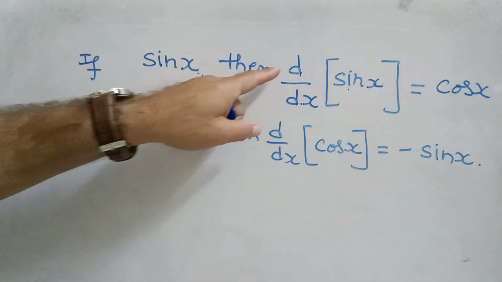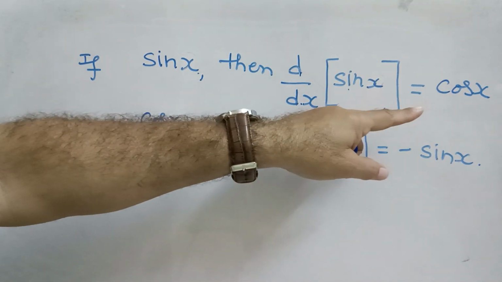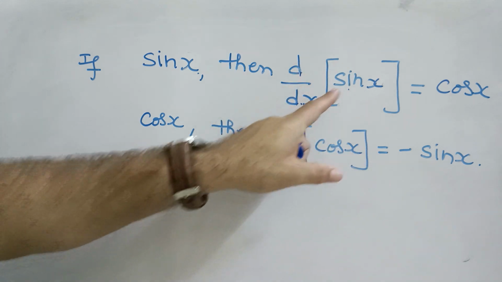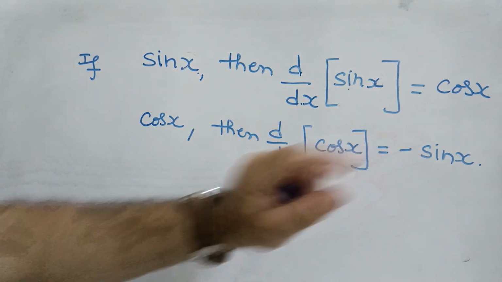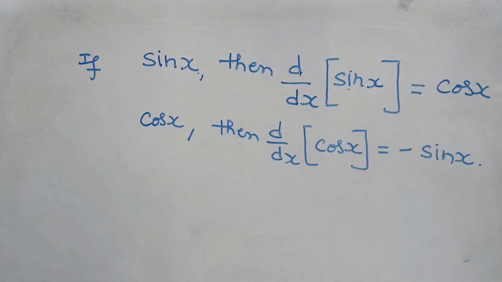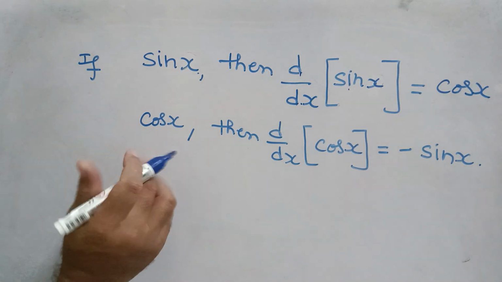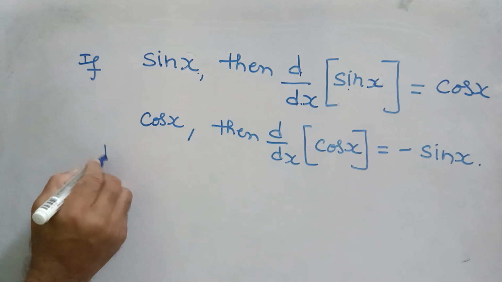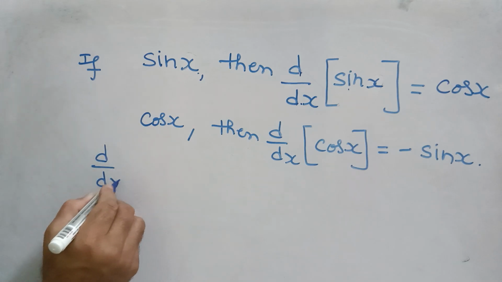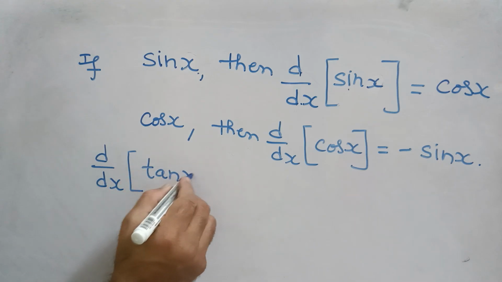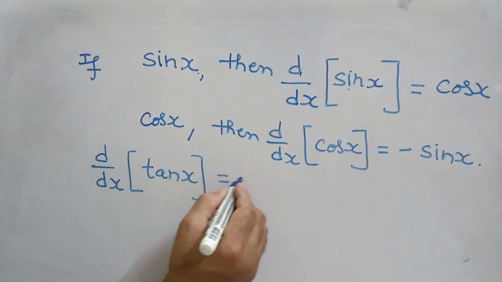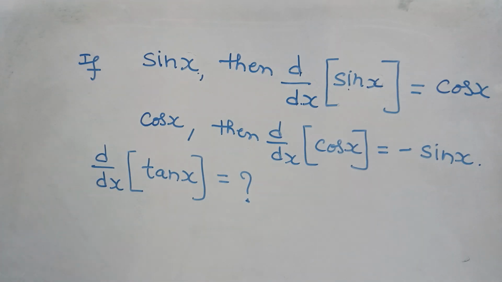So d by dx of sin x is equal to cos x, and d by dx of cos x is equal to minus sin x, and similarly d by dx of the third trigonometric function, tan x. What is the d by dx of tan x? Can anybody answer me? What is the d by dx of tan x?